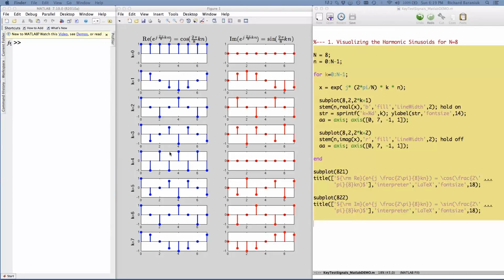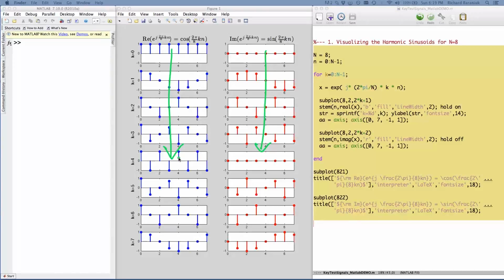A very interesting point we've seen up to here is that as we go from k equals 0 up to k equals 4, the oscillation frequency increases as we increase k, from 0 oscillations to 1 to 2 to 3 to 4 oscillations in this one period of length 8.